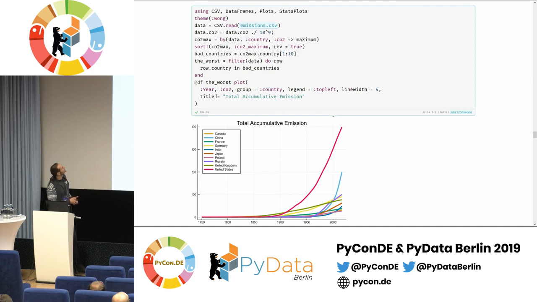DataFrames is obviously the data frame library in Julia, and there's Plots, which is the go-to plotting package. And StatsPlots is actually just an extension of Plots, and it's very similar to this color extension thing I showed you. So it's just extending Plots by a few more functions and this kind of domain-specific syntax to more concisely make statistical plots.